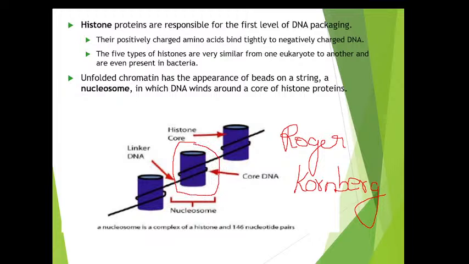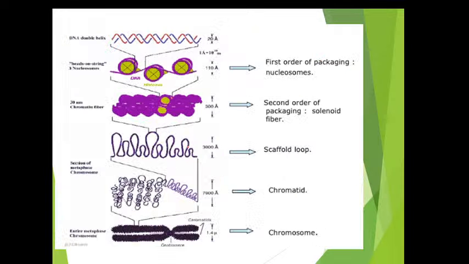Nucleosome means the DNA plus the core, or the octamer of histones. The nucleosome model was first used to explain the structure of the DNA arrangement. Just see, this is the first order packing of DNA.